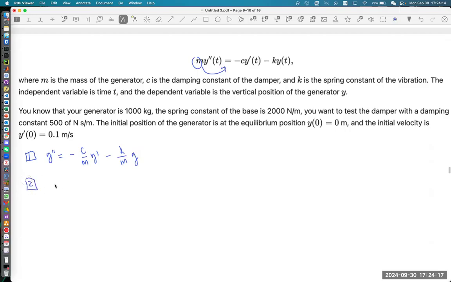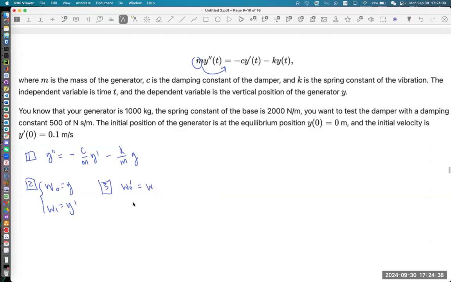Second step, define auxiliary variables. W0 is y, and then W1 is y prime. We have two auxiliary variables because we have a second order ODE. We then take the derivative of each of the variables. So W0 prime is y prime, which is defined as W1.